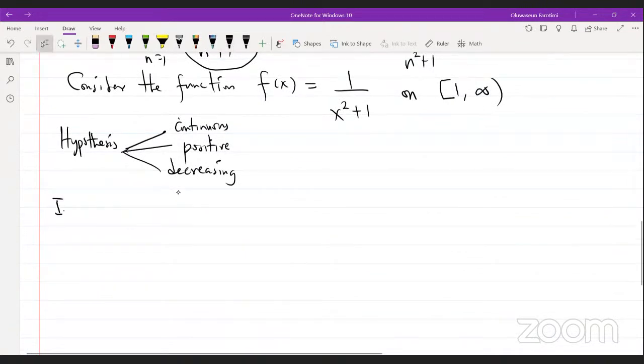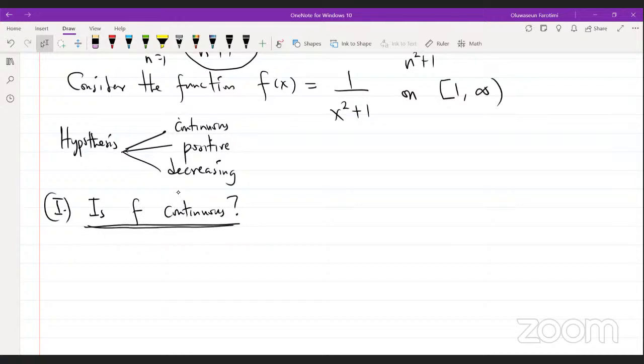So number 1. Let's say we're trying to answer the question, is f continuous? Do you remember calculus 1, where you actually studied continuity? Now take a look at this, your f of x. F of x is 1 over x squared plus 1. What is this on the bottom? This is a polynomial, right? Do you remember that all polynomials are continuous?